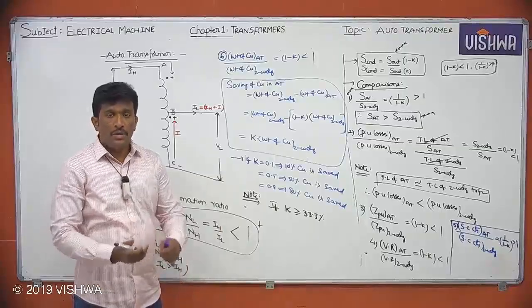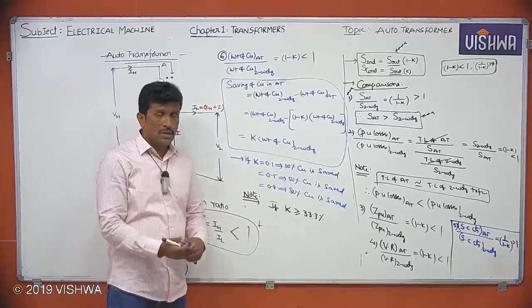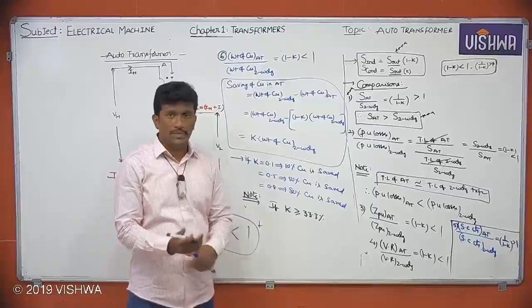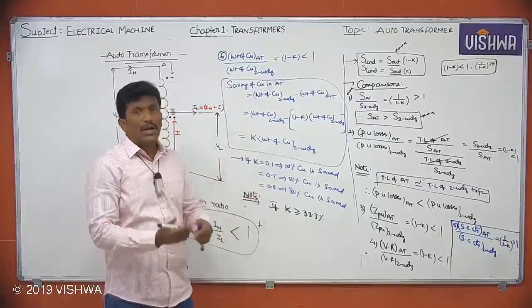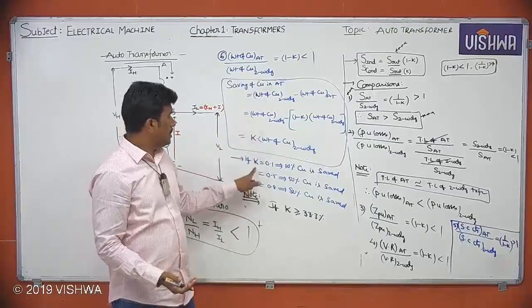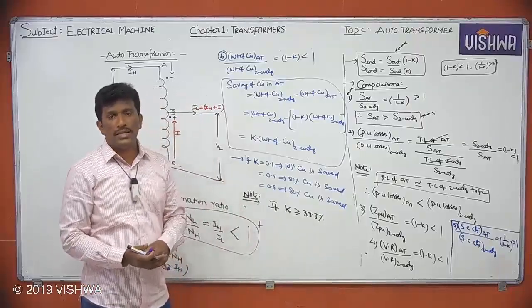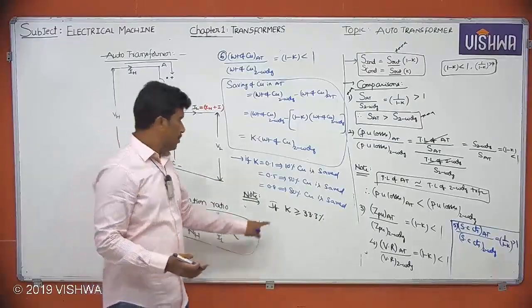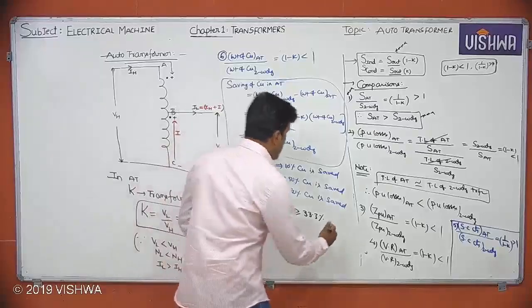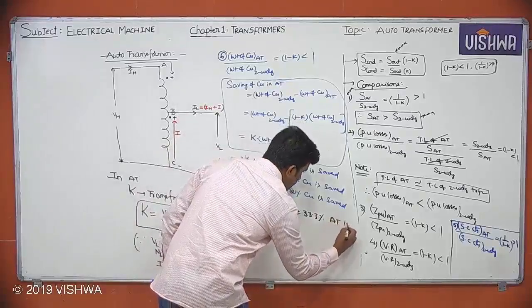That means if I use an auto transformer and the k value is greater than or equal to 33.3%, it is more economical because the saving of copper is more beyond this limit. So I can say the auto transformer is feasible.